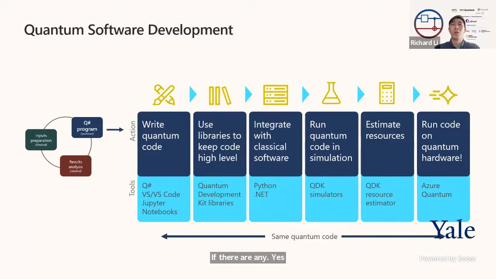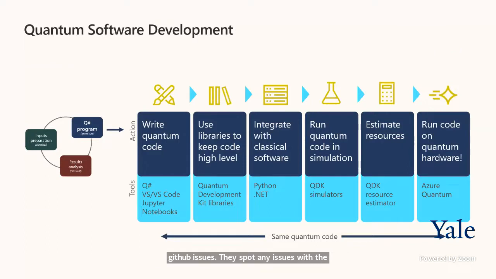Yes, the first question is, we have a participant who is learning Q# and quantum algorithms through doing the quantum katas, and they're wondering if it's desirable to open GitHub issues if they spot any issues with the exercises. Yes, absolutely. That's a very nice side effect of events. It's quite possible that there are issues still.